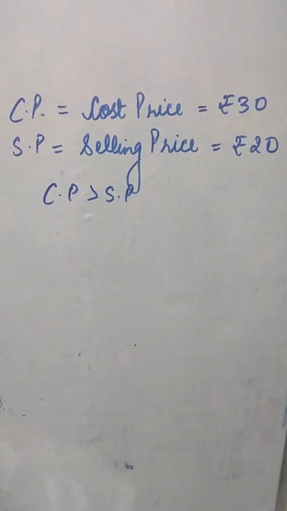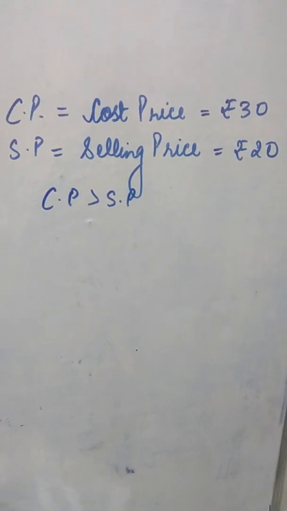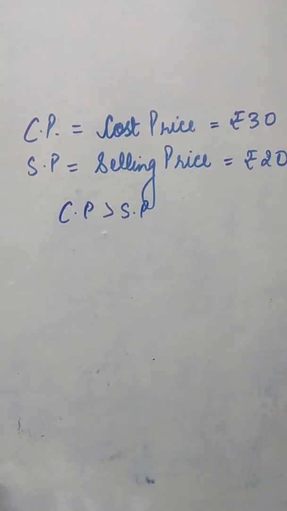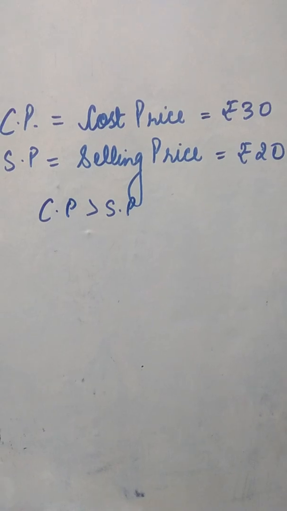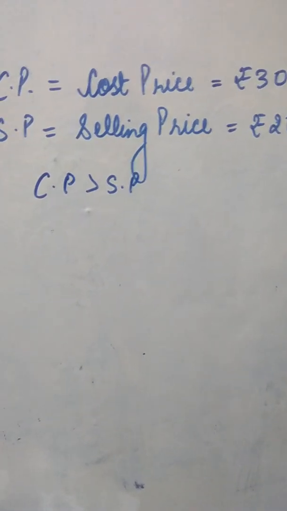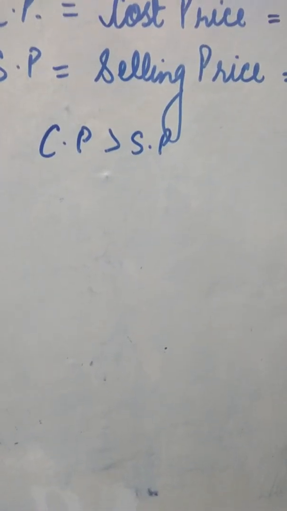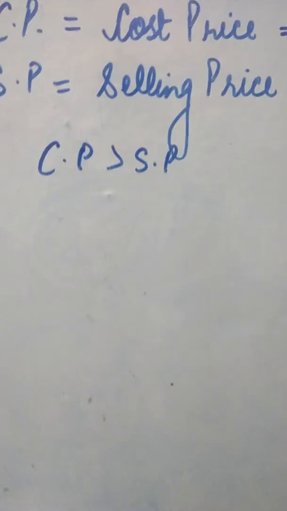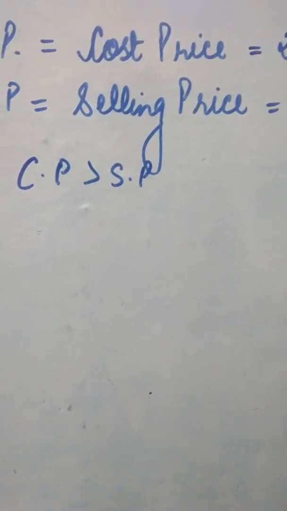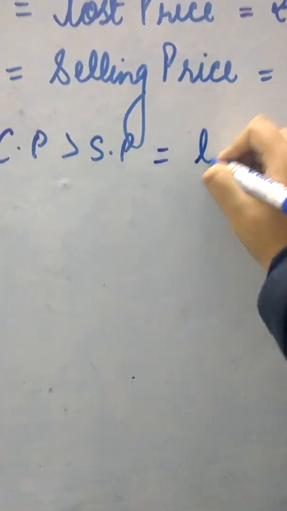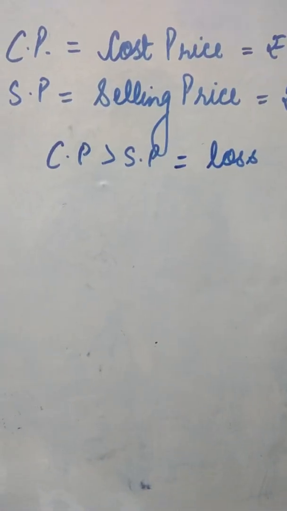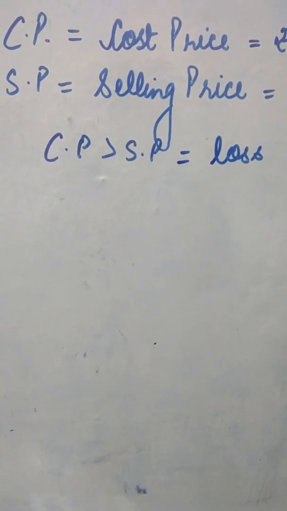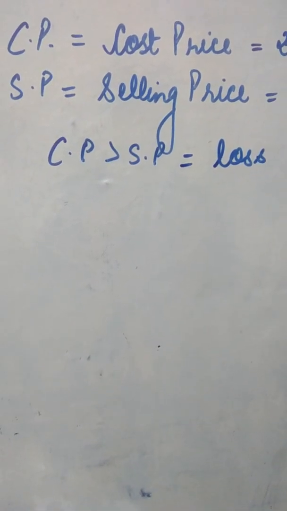This means that the money John invested on buying the ruler was greater than the money he got after selling the ruler. So, in such a situation, we say that the person is suffering from a loss. So, when the cost price is greater than the selling price of the object, we say that it is a loss.